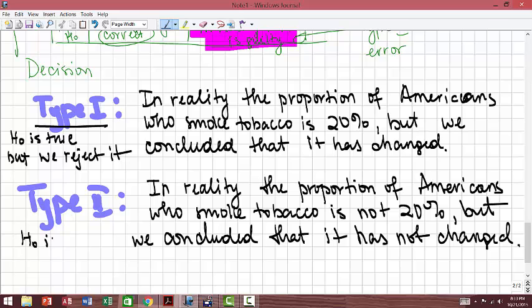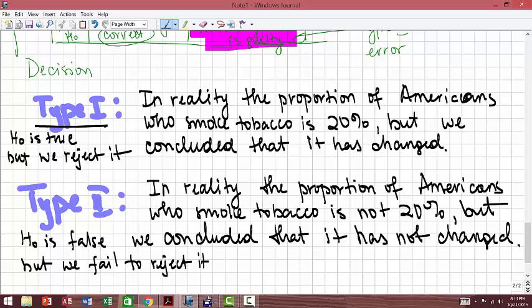H naught is false, but we fail to reject it. Okay, when can this happen? So type 2 can happen when we don't have strong enough evidence to conclude that H naught is false, right? So it really depends on your sample. In statistics, it depends on your sample and how good of a sample you collect.